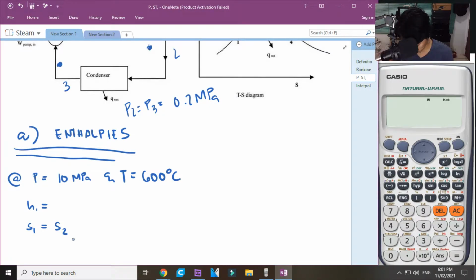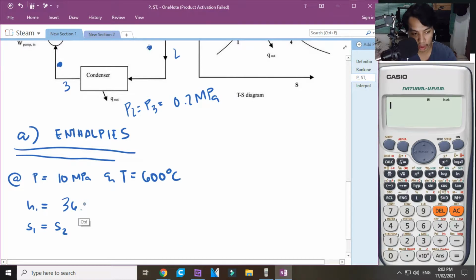You have values of 3625.3, that is H1, in kilojoule per kilogram.